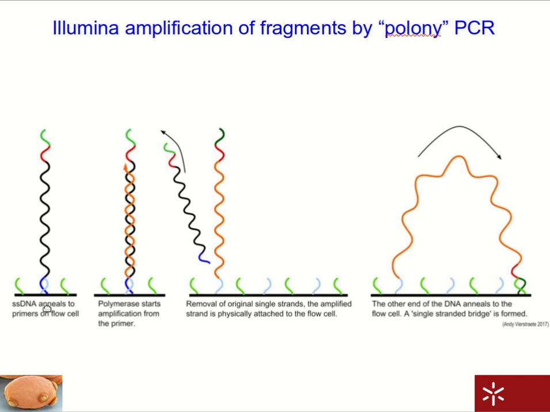And these are very carefully chosen to be complementary to the two adapters that we have on each side of the molecule. We simply pour molecules of our library on top of this surface, and they will stick to random places.